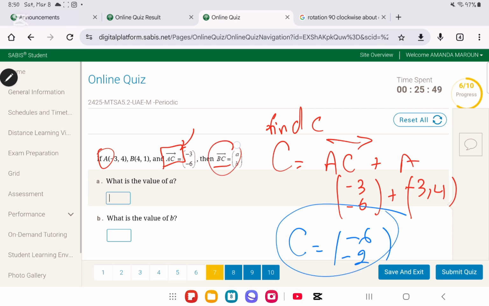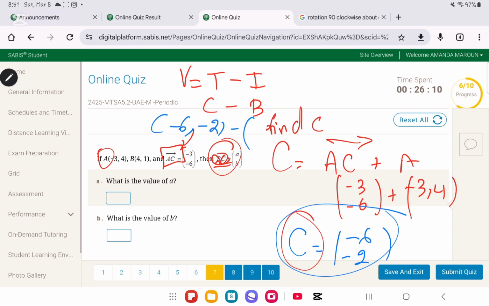Now, we need to find the vector BC. We know that the equation is vector equals terminal minus initial. You have the terminal point based on the vector, which is C, minus the initial point based on the vector, which is B. So C, we found it to be (-6, -2), minus B, which is given as (4, 1).